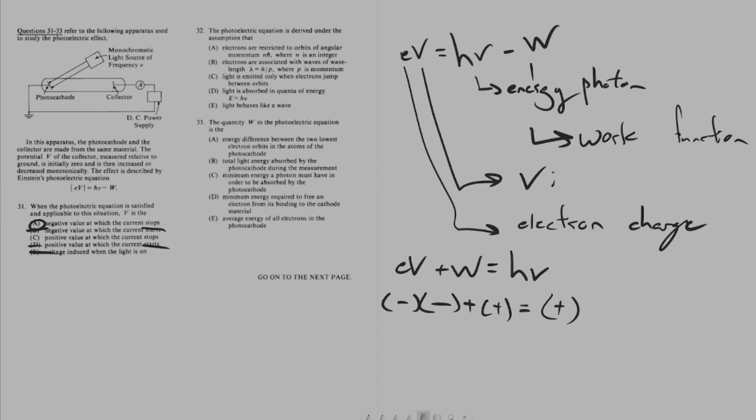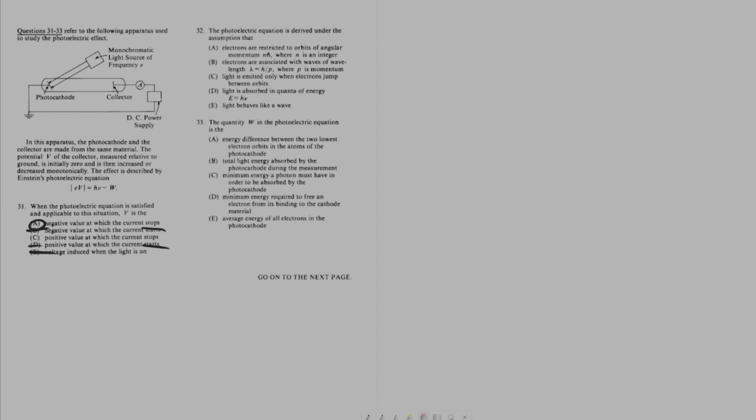All right. Going on to the next one, we see that the photoelectric equation is derived under the assumption that electrons are restricted to orbits of angular momentum, which didn't really have any effect on it.